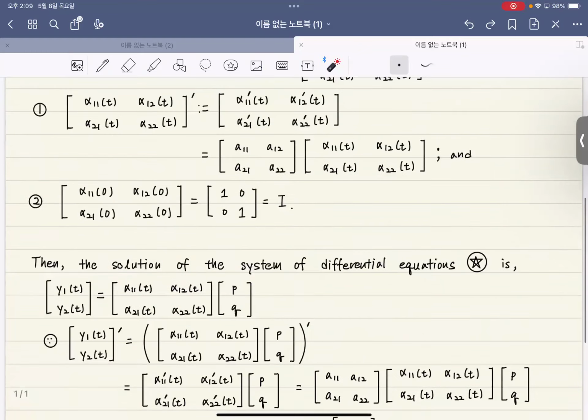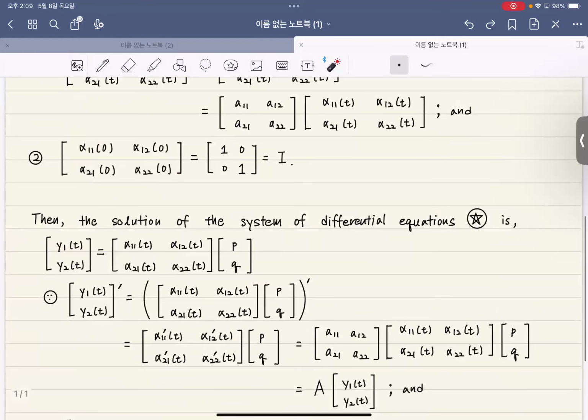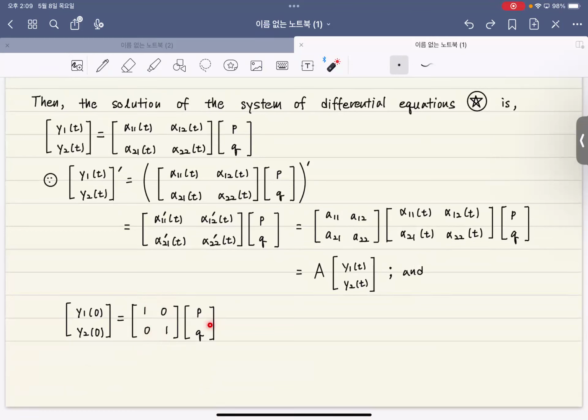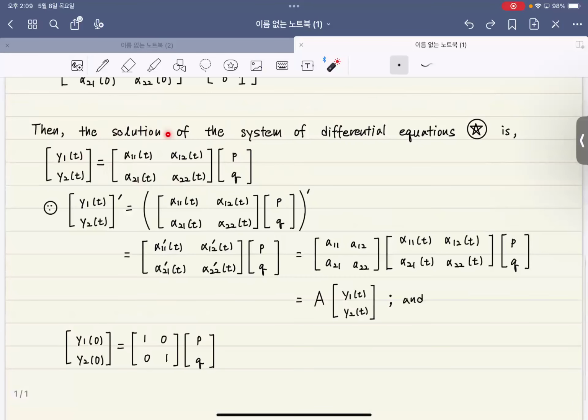But this condition number 2 says, if t equals 0, then this matrix is suddenly the identity matrix, right? So this is the identity times P and Q. Therefore, y1(0) is P and y2(0) is Q. Therefore, this is exactly the solution that we are looking for.